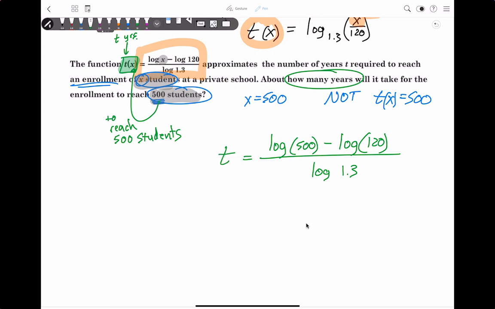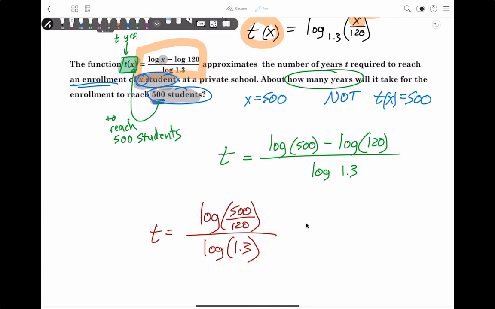Now, like I said before, we default to trying to solve something by hand without a calculator. Let's see what we get. We have 500 minus 120, so that's 500 divided by 120 with the same log, over a log of 1.3. This is t.